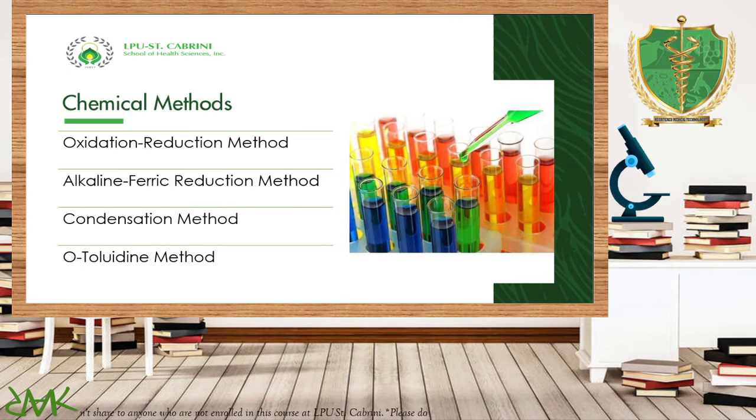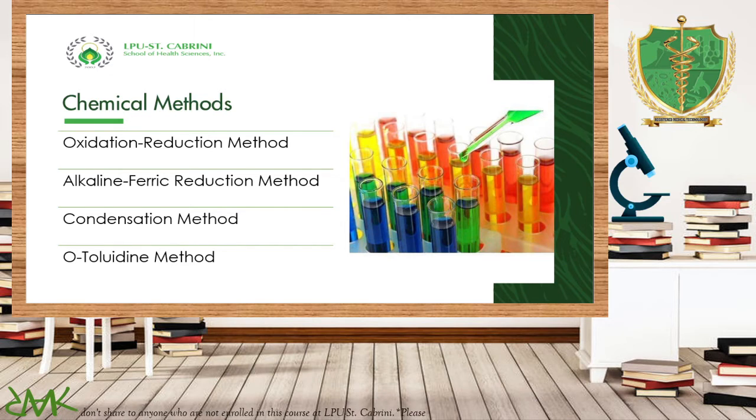I want you to take note and remember, guys, that the testing for glucose analysis can be divided into two major classifications. Number one is the chemical methods, and the other one is the enzymatic methods. Chemical methods are usually the methods that you already perform in your basic chemistry courses.